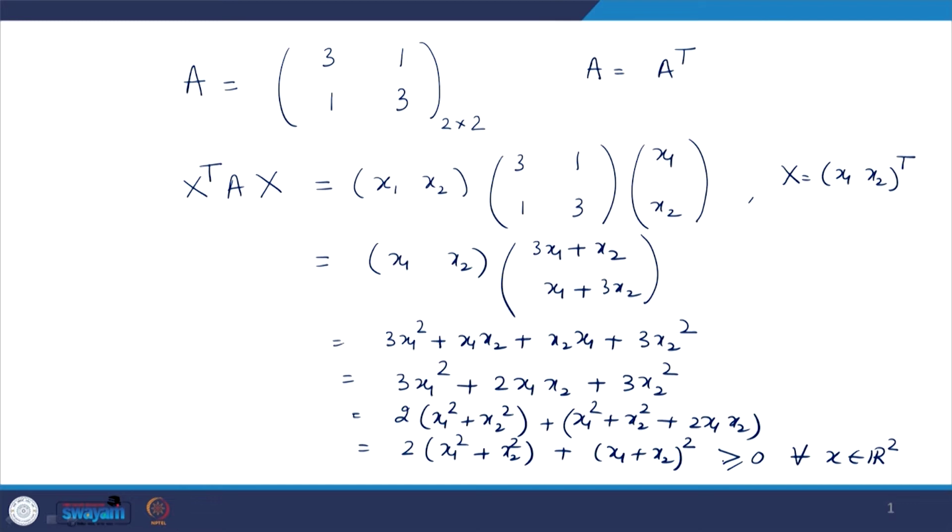So, we can say that this matrix A, whatever matrix we have chosen, is a positive semi definite matrix. We have concluded that this matrix A is positive semi definite.